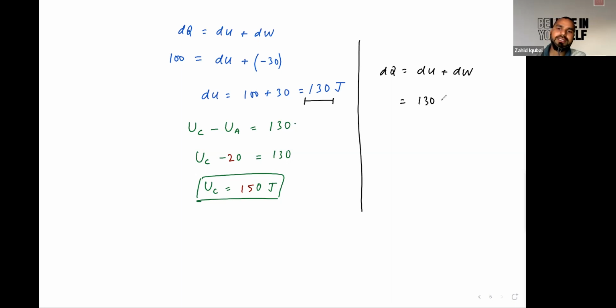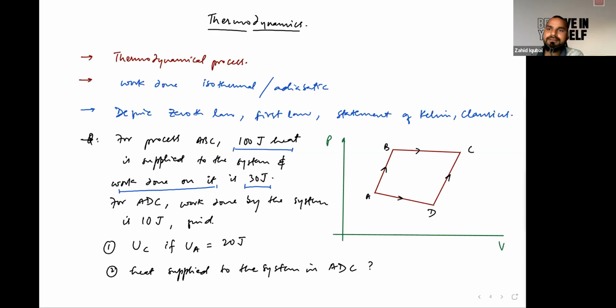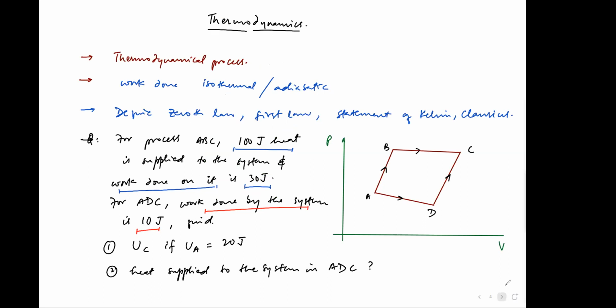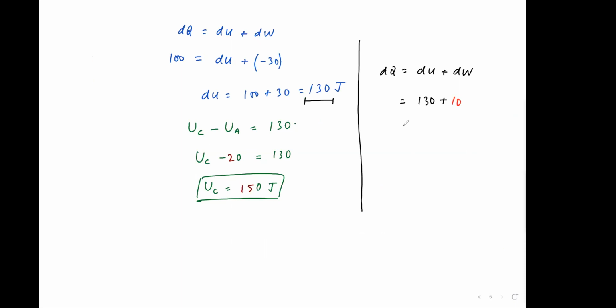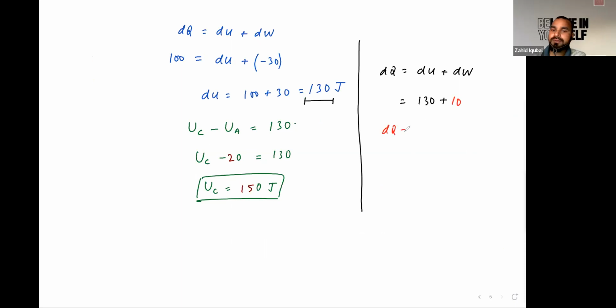So it will be 130 plus work done, which in this case is by the system. So it will be positive or negative? Positive. So plus 10. So the total amount of heat that must be supplied in this process will be 140.